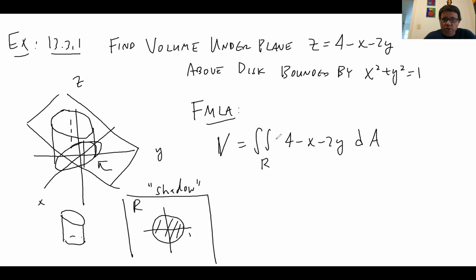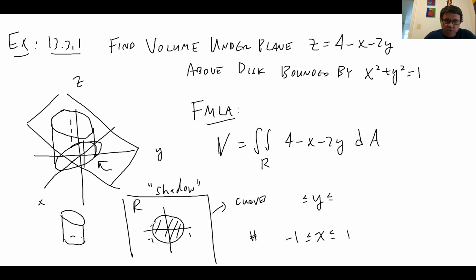So in order to do this, you'd have to figure out what the bounds are, dx or dy. Let's say we do curves for y and numbers for x. The numbers for x will not be too hard, it'll be just minus 1 and 1.